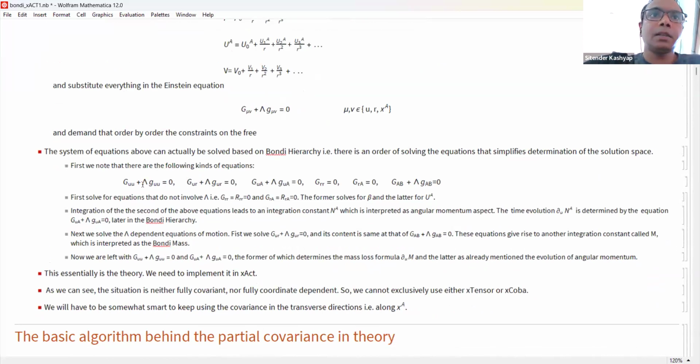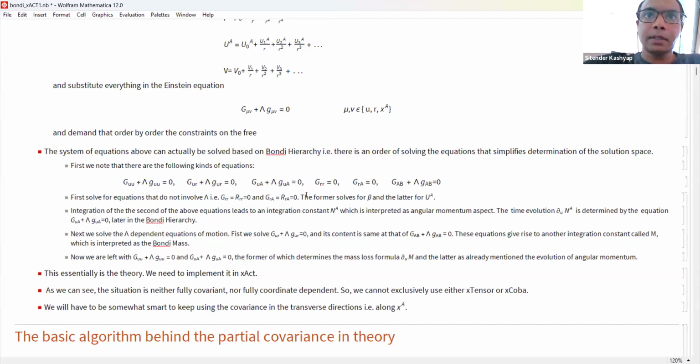To begin with, there are these equations: the equations involving GUU, GUR, GUA, GRR, GRA, and GAB, all equal to 0. The idea is to first solve the equations that do not involve lambda, which we can see from here are GRR and GRA.